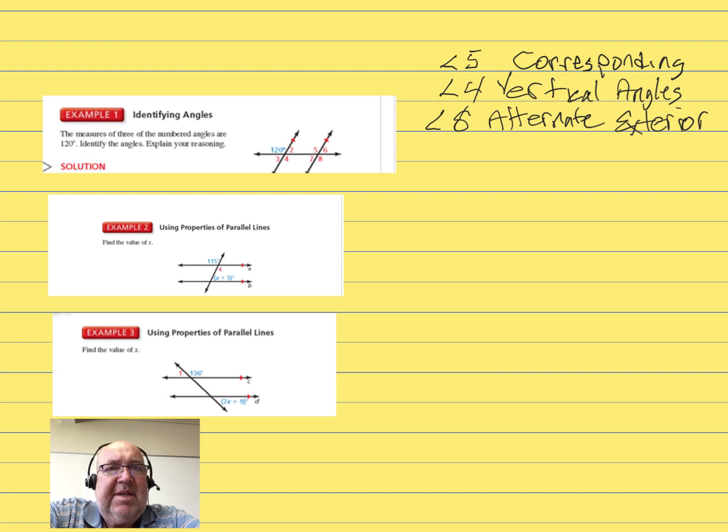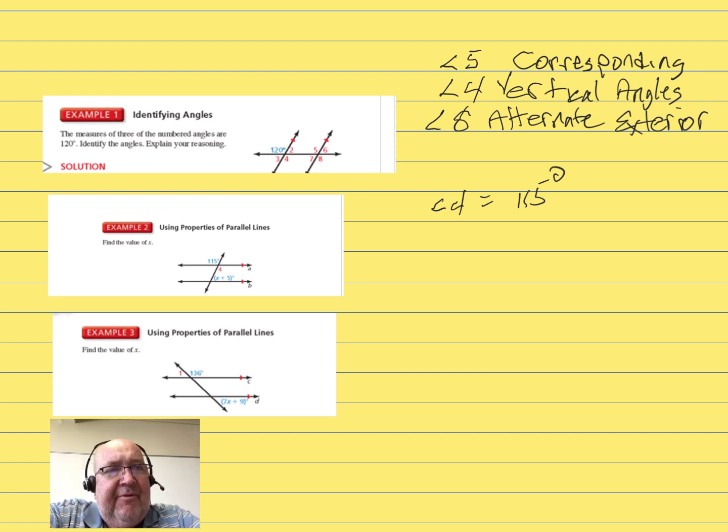So we want to use the property of parallel lines to find the value for x. By definition of exterior angles, we know that angle 4 is equal to 115 degrees.